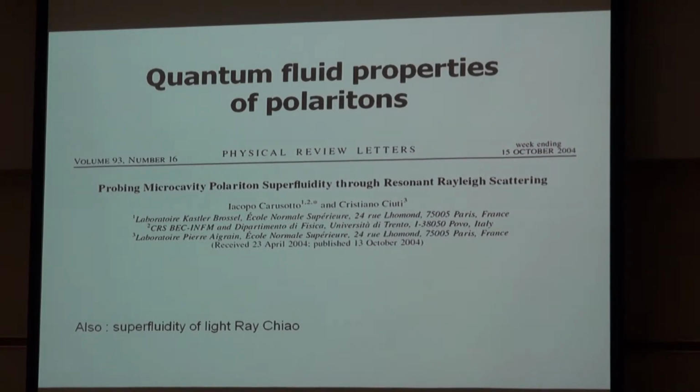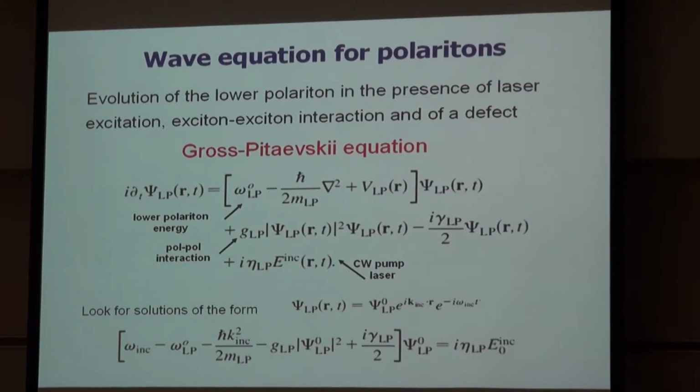This could also be connected with the proposal of superfluidity of light that Ray Chiao published a few years before that. If you write the wave equation for these polaritons, here I've written the equation for the lower polariton.